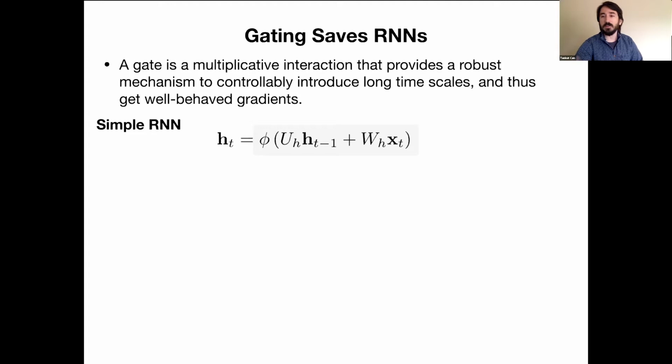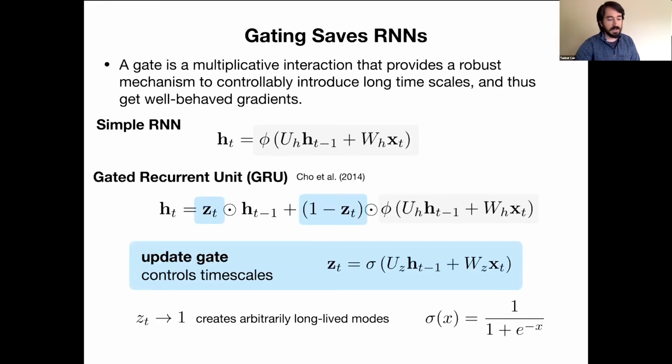Okay, so how do gates save RNNs, basically? How do they control timescales and thus control gradients? To understand this intuitively, we can start with the simple RNN, shown here, and couple it to an additional variable, given here by z sub t. z is related to the hidden state by a nonlinear transformation, this sigmoid.